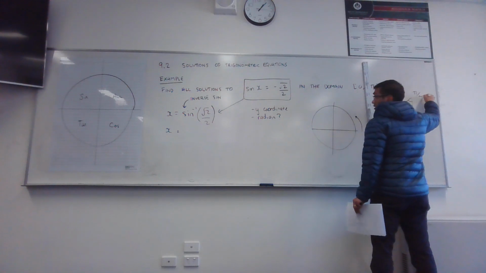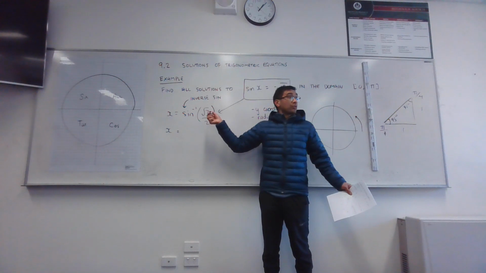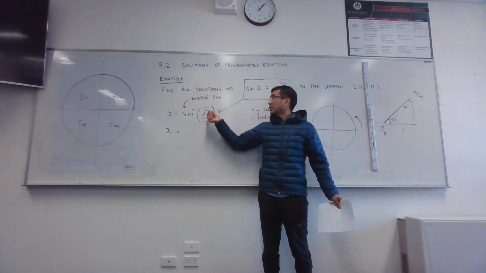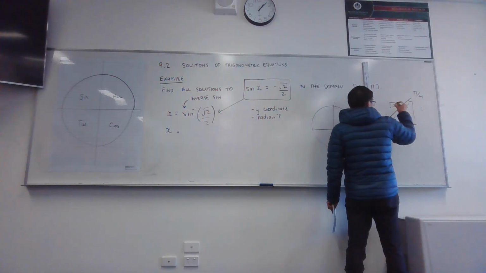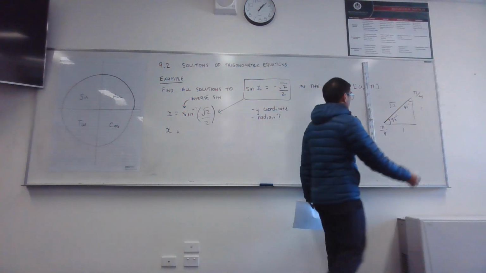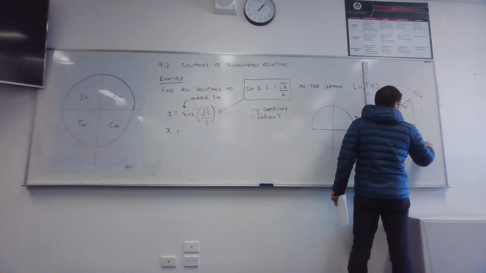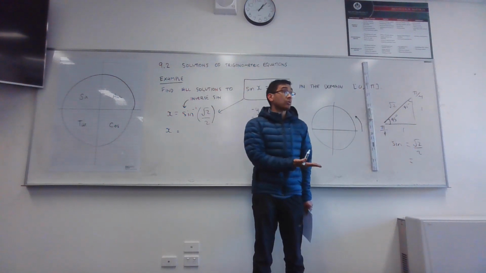So you need the skill of searching. When you see things like root 3 or root 2, they're kind of indicators of which triangle to go for. We can see a root 2 here because this, remember, is a root 2. But if I'm going to do a sine where it happens to be root 2 on 2, what's the other version of root 2 on 2? 1 on root 2.